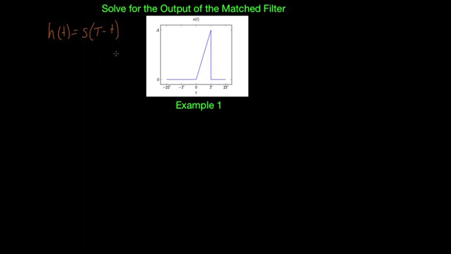And although we did find the equation for s of t from the graph in the previous video, I highly recommend finding the graph of h of t and writing it in terms of unit steps from inspection of the graph, and not by substituting this capital T minus little t into the s of t equation.